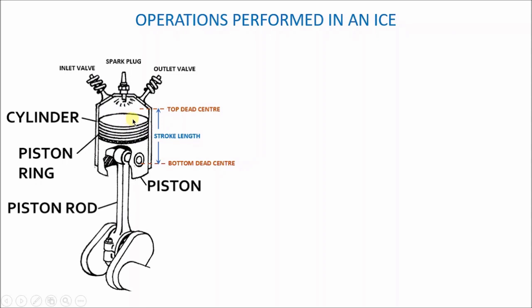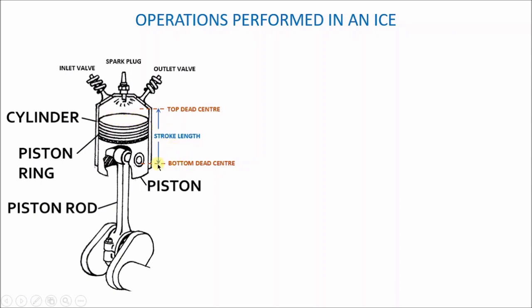Well, what I mean is that the lowest position that the top surface of the piston can reach, that is what we refer to as the bottom dead center. And the highest position that the top surface of the piston can reach is the top dead center, okay?